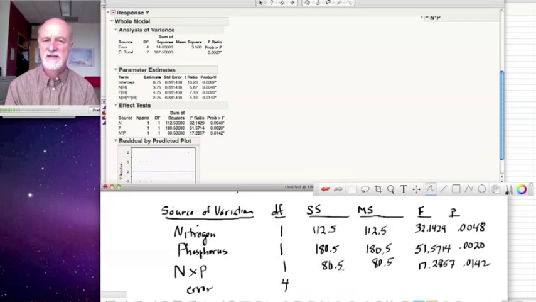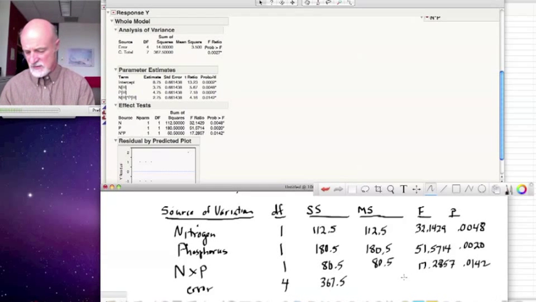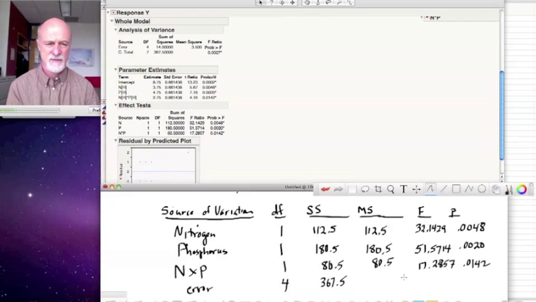We have a sum of squares of 367.5. And we have a mean square. I'm going to have to get my calculator for this one. 367.5 divided by 4, 91.875.